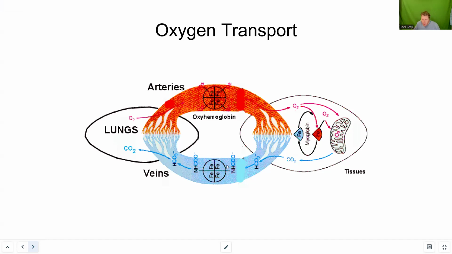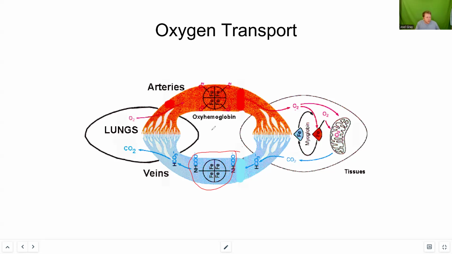Now, with that in mind, this illustration, like lots of illustrations, takes out some of the complexity. They simplify it, and that's intentional, to communicate an idea. One thing shown here is hemoglobin that is completely devoid of oxygen.